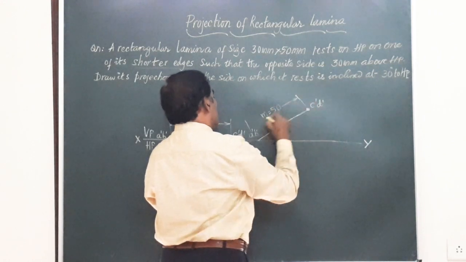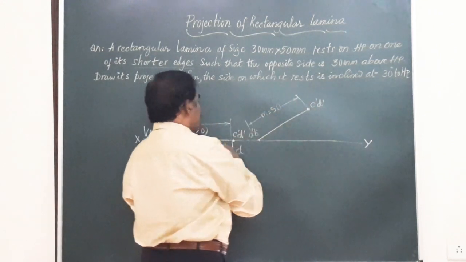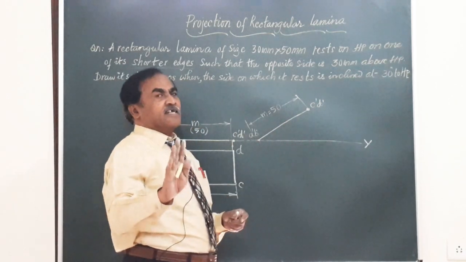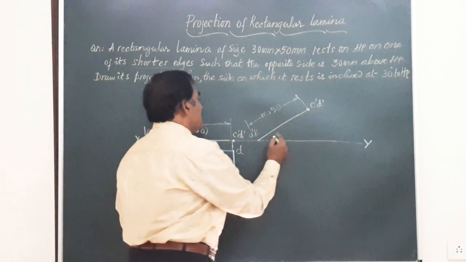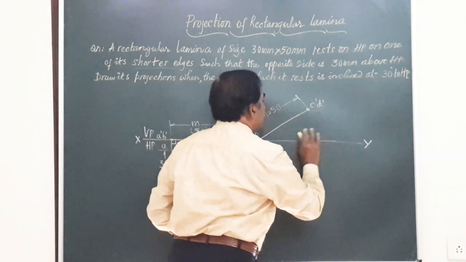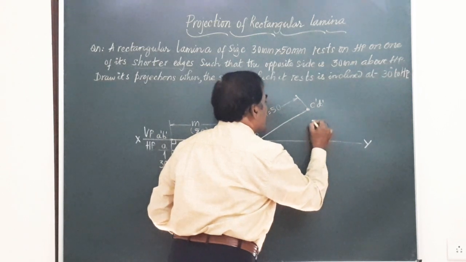Remember friends, whenever you are writing these two figures, figure number 1 and figure number 2, they are exactly identical. And here, instead of giving this angle theta, it says that this is at a height of 30 mm above HP.